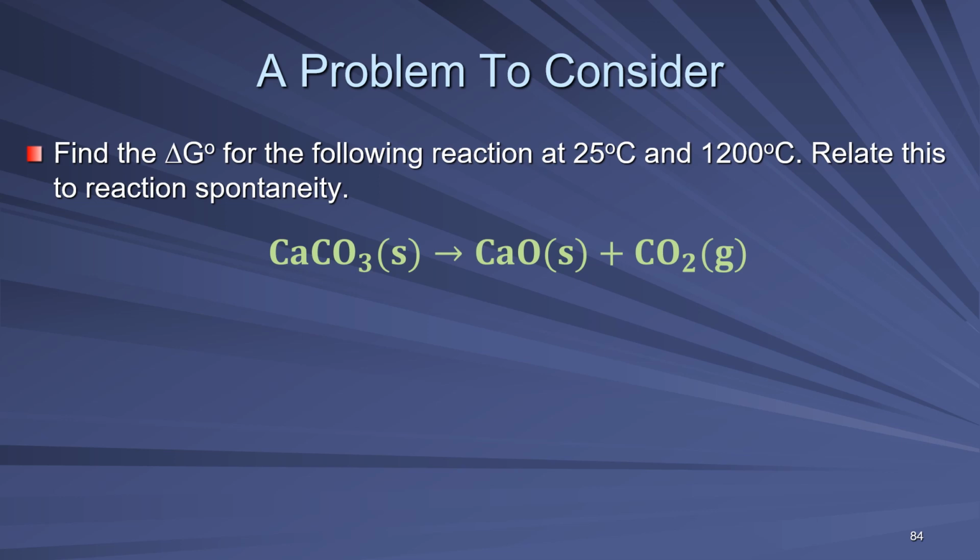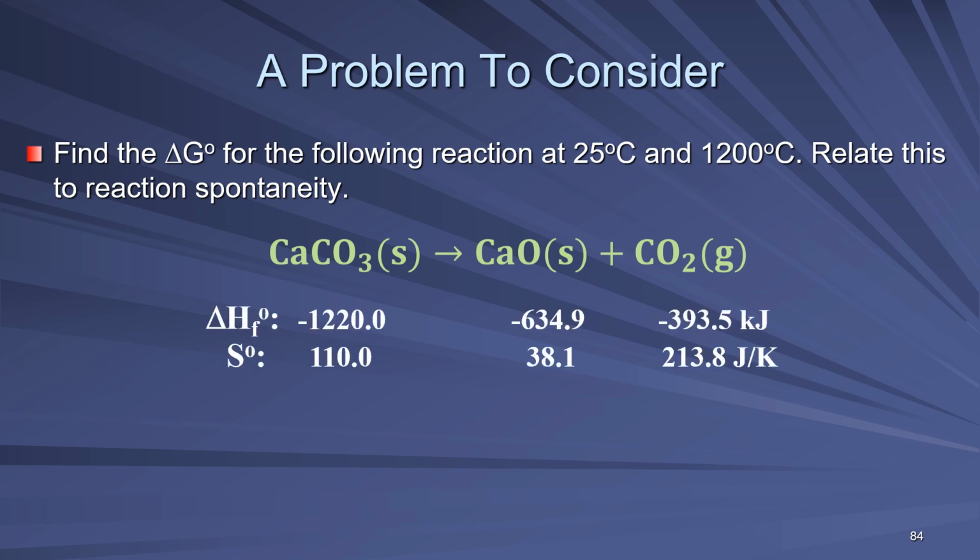So like I said, you can use the equation. You're going to find delta H and delta S at 25 degrees and then plug them into the equation. So the delta H of formation for calcium carbonate is negative 1220, for calcium oxide negative 634.9, and for carbon dioxide gas negative 393.5.